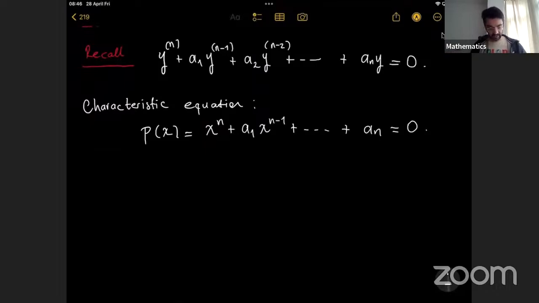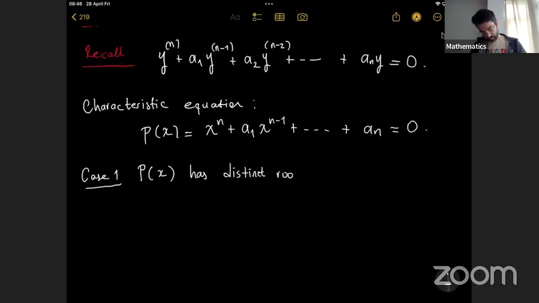If this is the case, the first case, case 1, let's say, P(lambda) has distinct roots, say, for instance, lambda 1, up to lambda n.